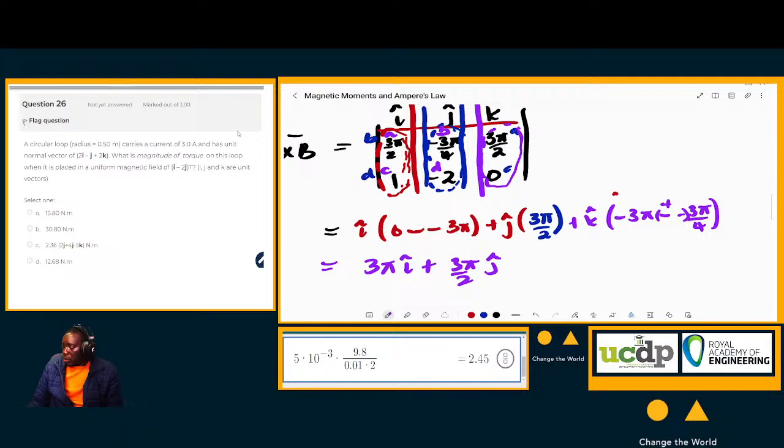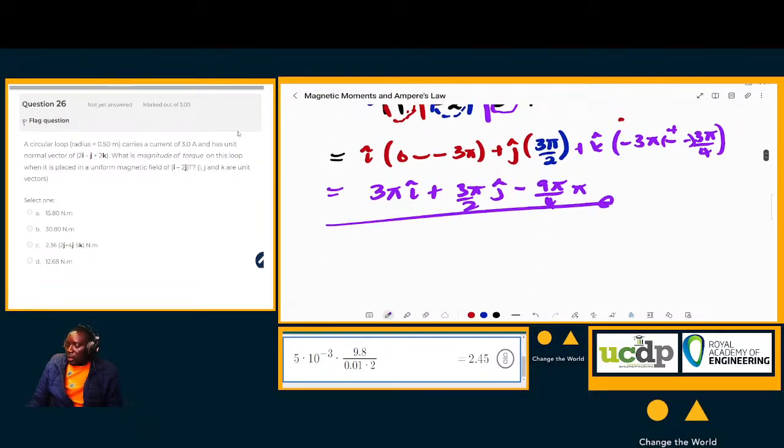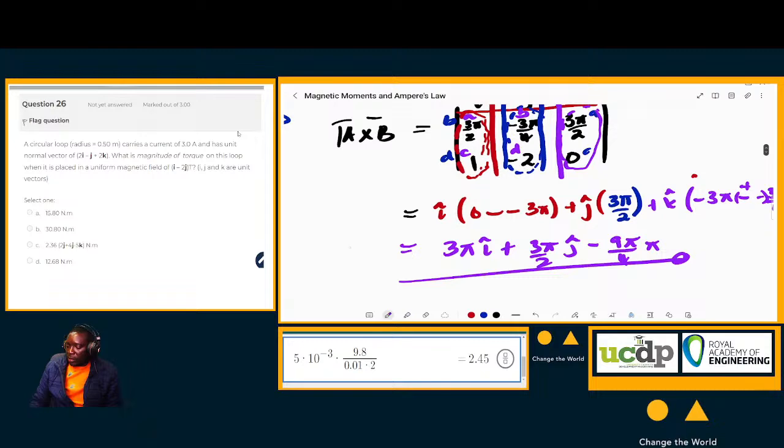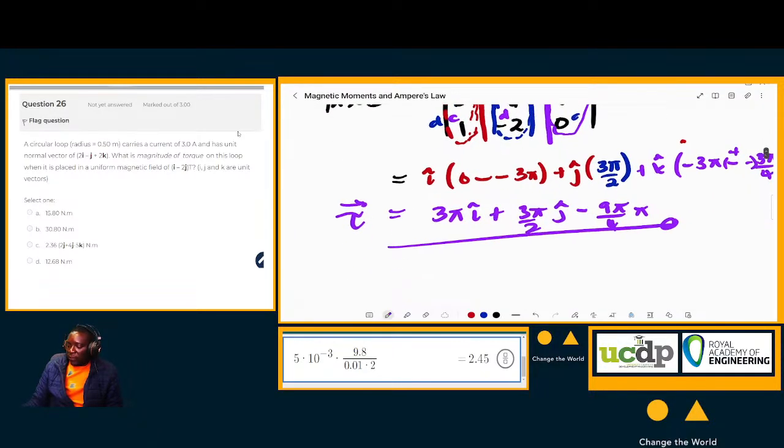So this is 12 over 4 minus 12 over 4 plus 3 over 4, which is minus 9 over 4. Minus 9 over 4 pi. So this is our torque and its direction. This is the torque in vector form.